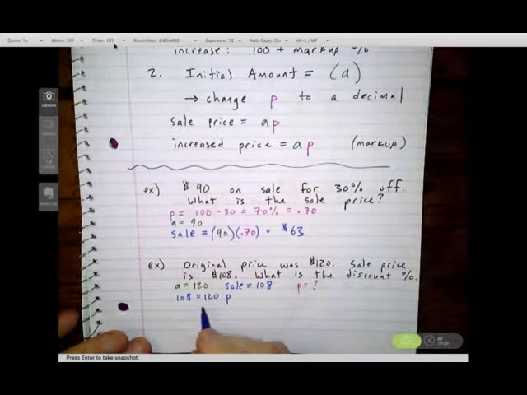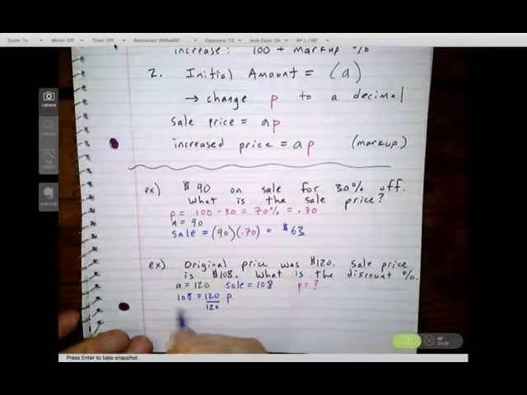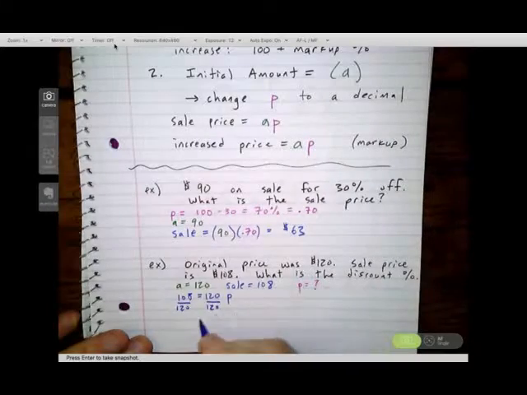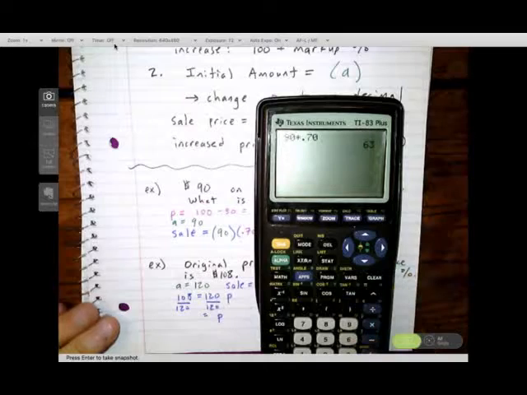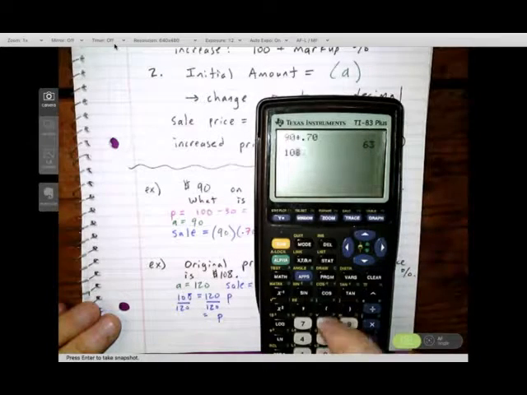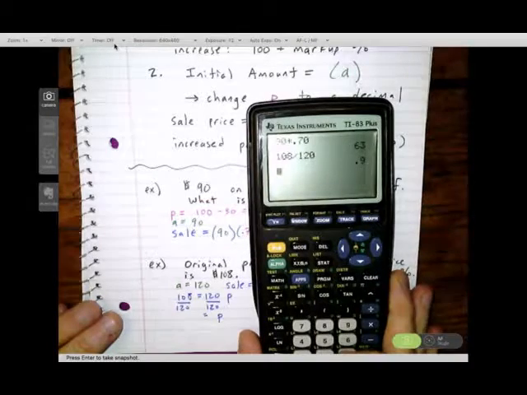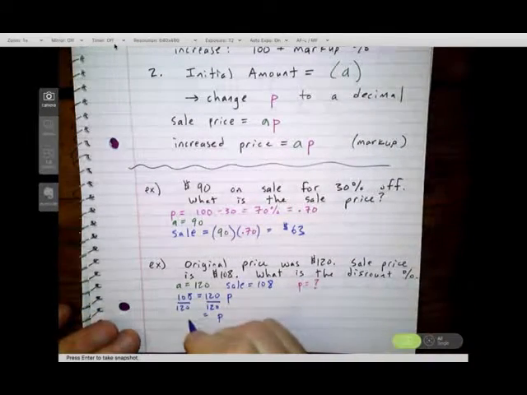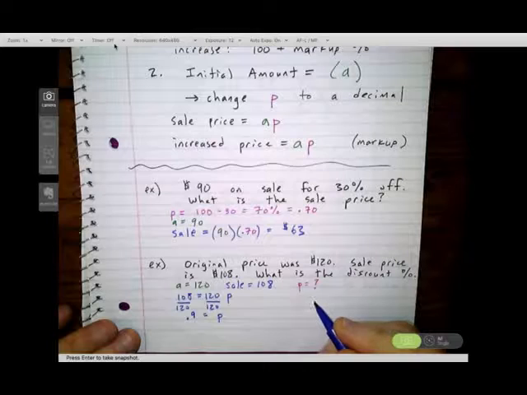To get P by itself here, I'm going to divide both sides by 120. And that's going to give me P. And again, we can use a calculator for that. 108 divided by 120 equals 0.9. So P equals 0.9.